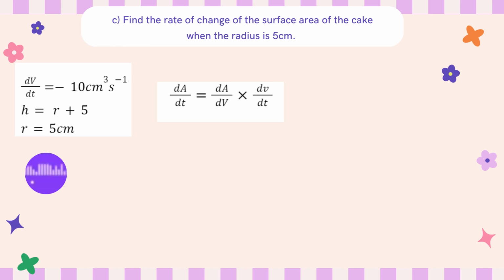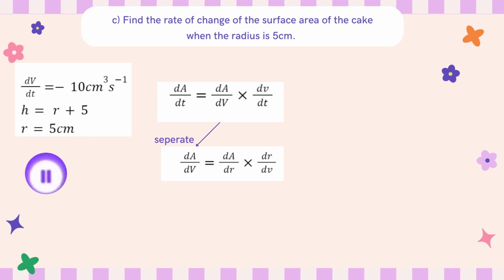By using the chain rule of differentiation, we know that dA/dt equals dA/dV times dV/dt. However, based on the information that we have, it is impossible to find dA/dV directly. So we need to separate dA/dV and use the chain rule again.